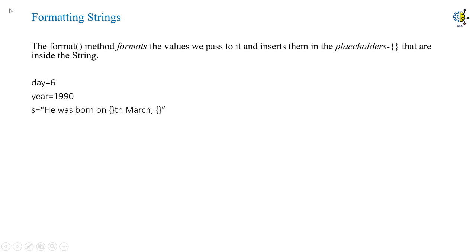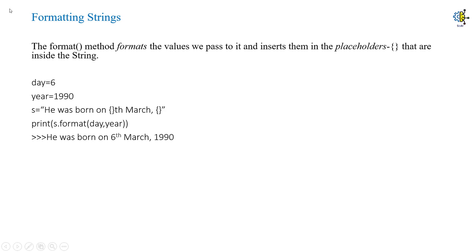Now I am going to print the date of birth of this person by formatting the string S with the values of day and year. It will be done like this. You do string variable dot format and pass in the int values that you want to insert in the placeholders. So the output would be this. He was born on 6th March 1990.